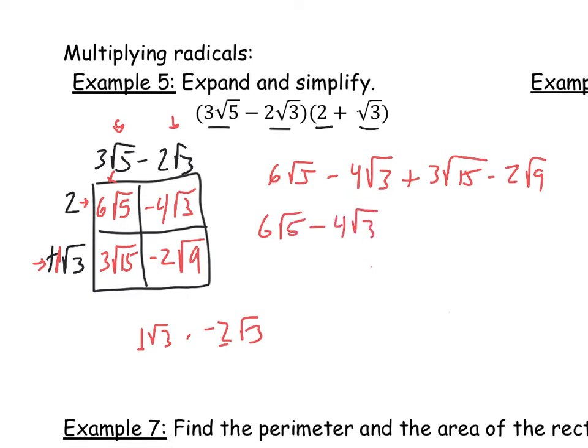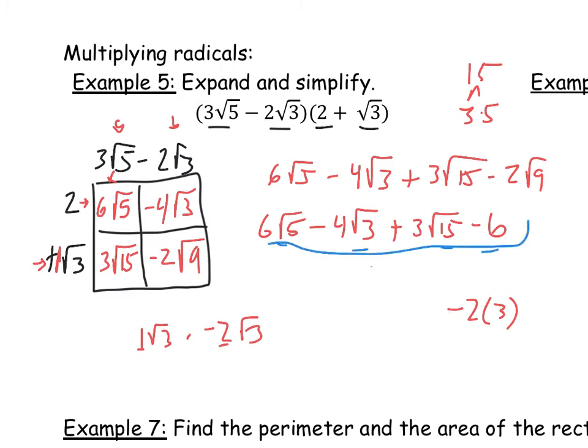That's 4 square roots of 3. 15 is 3 times 5. Well, I don't have anything in common there that I can take out, so it stays 3 square roots of 15. But this is negative 2. Square root of 9 is 3, so that's negative 2 times 3, or negative 6. Now, if you look at all of these, none of them are the same.